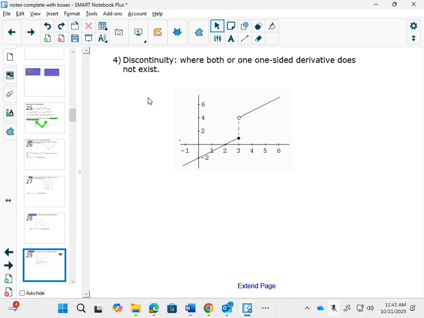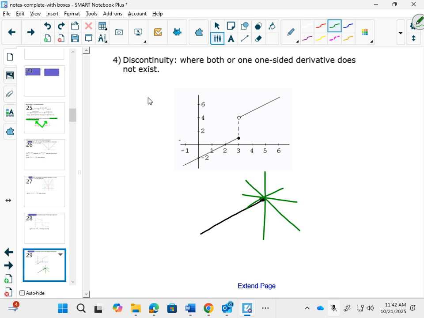In fact, for any graph that just ends at a point, you cannot draw a tangent to a single point because it's like, should I draw the tangent like this, or touching only like that, or touching only like that? There's so many possibilities. Plus, if you touch the end of that, it would hurt your finger. The dot? I know, it's a really sharp dot. They don't call it a point for nothing.